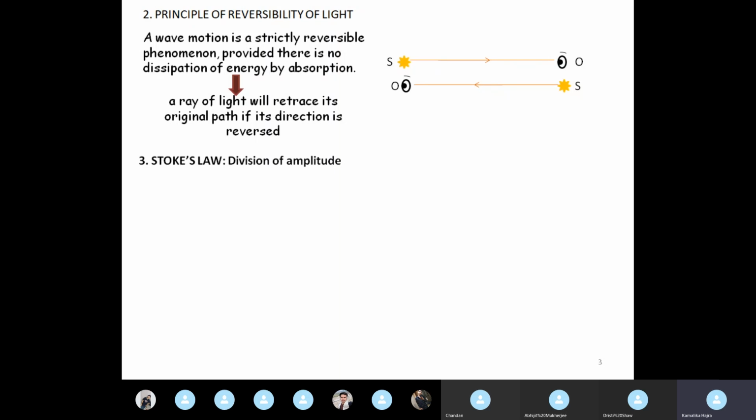Before moving on to analyze the division of amplitude way of interference, we need to know a very, very important law which is known as Stokes' law, because Stokes' law will give us some information that we will require when we actually analyze the division of amplitude way of interference.